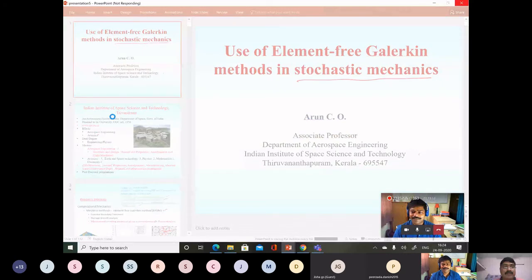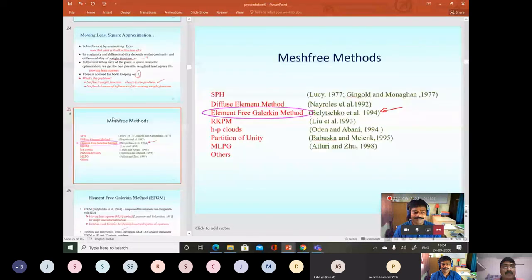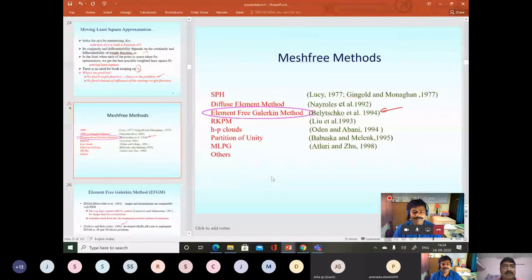Or are all equivalently good? No, I don't have much idea. See, usually SPH they use for particle methods. Yeah, particle method. And MLPG and EFGM, even RKPM, all these have been used for solid mechanics problems.